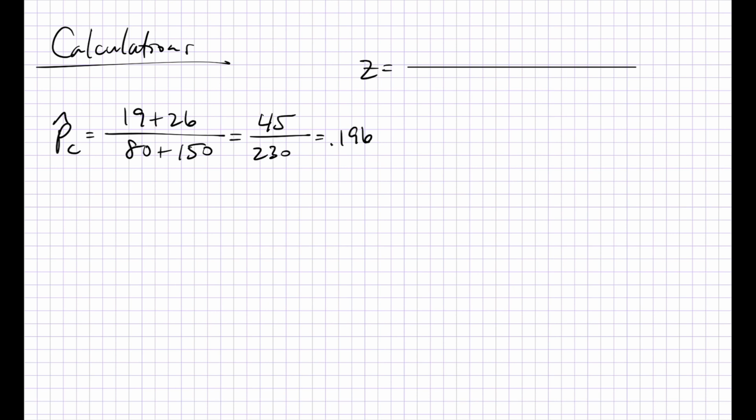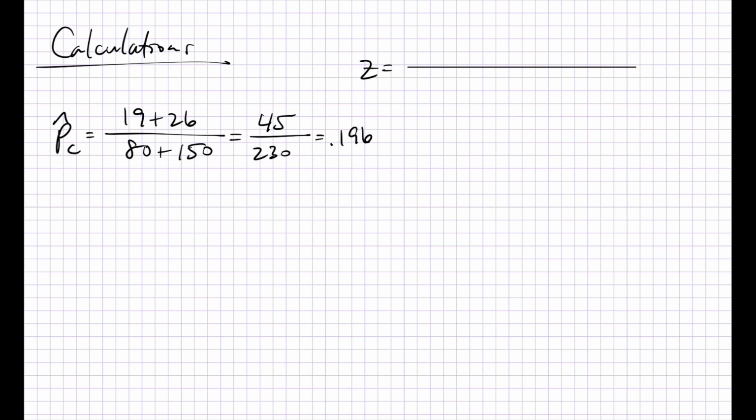That's our p hat c. Why do we pool for proportion tests? What do you notice about the two sample sizes between freshmen and sophomores? There's a difference. Yeah, it's almost double, right? This sample was done back in the old West Campus days, when we had majority freshmen, so that's why the sample was bigger.